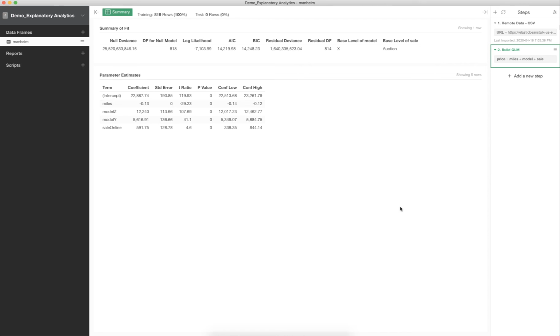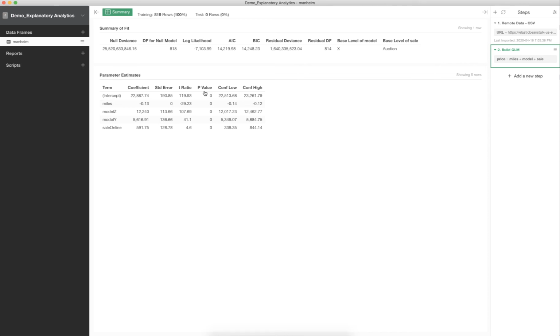To do that, we have to take a look at the parameter estimates and a couple of specific columns within the parameter estimates. The first column that we want to pay attention to is the p-value. The p-value tells us whether any of our independent variables have a significant effect on the dependent variable. A significant effect is an effect that we are certain about, that is likely to happen beyond just random chance.